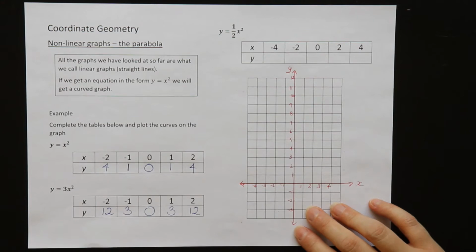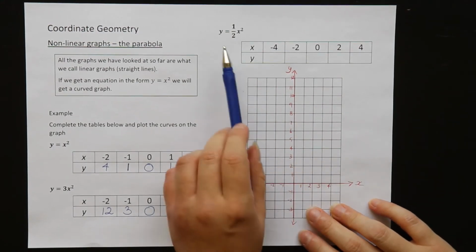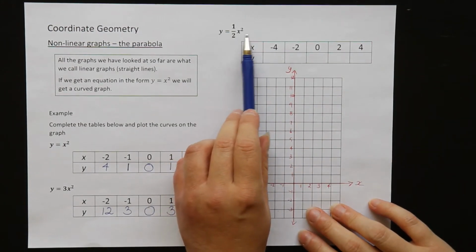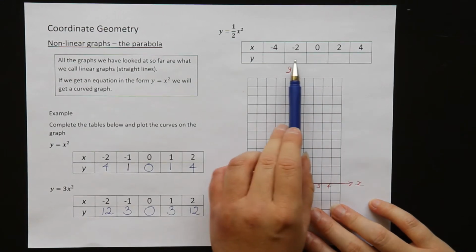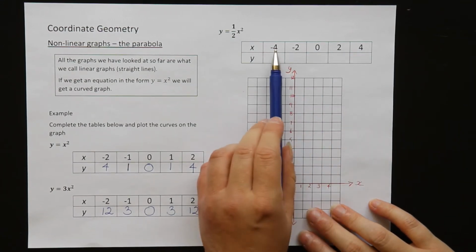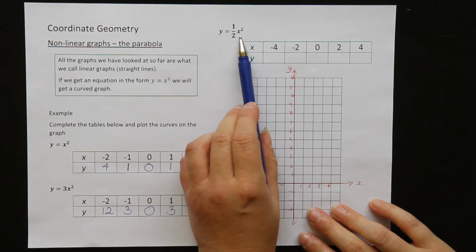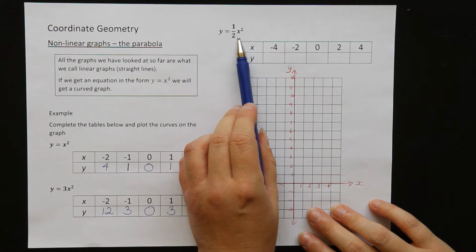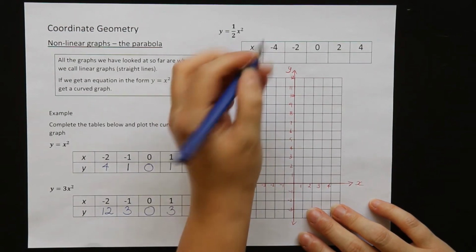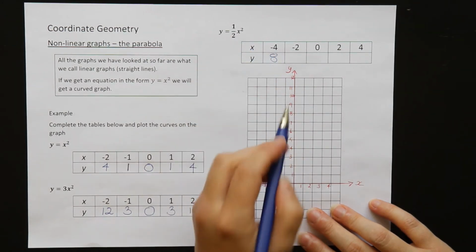Okay, let's see what happens for our last equation over here. y equals half x squared. Now I've chosen some different x values for this one. I'm going to start with negative 4. Negative 4 squared, negative 4 times negative 4, is a positive 16, and I have to times that by a half, or half of 16 is 8.